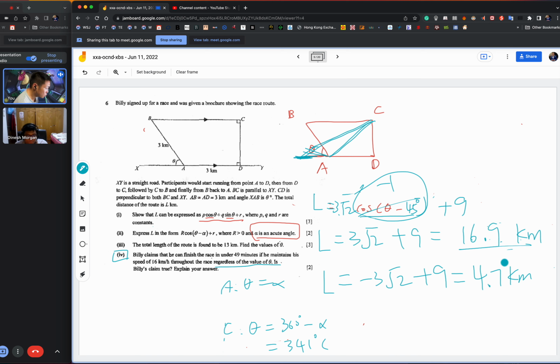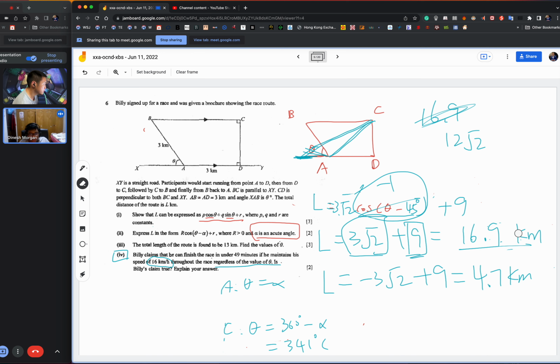If the speed is 16 kilometers per hour, no, use the max distance, which is 16.9. Is this 12 square root 2? No, right? Okay, good.